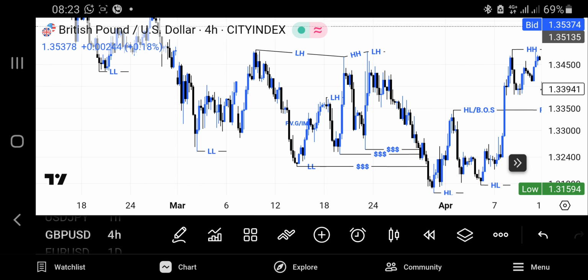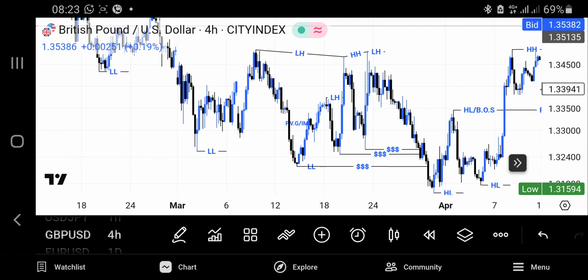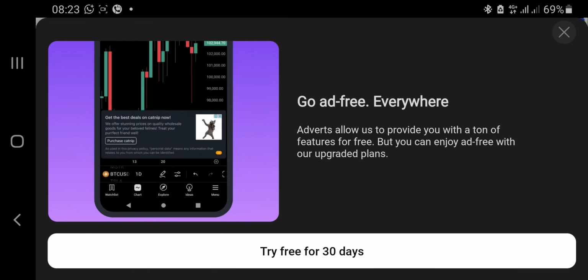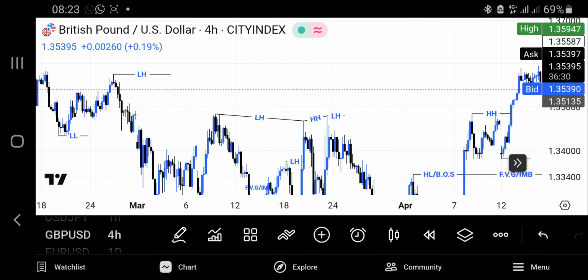and then the trend. This is where the trend changed. So it filled all this liquidity zone. All this liquidity zone was filled.